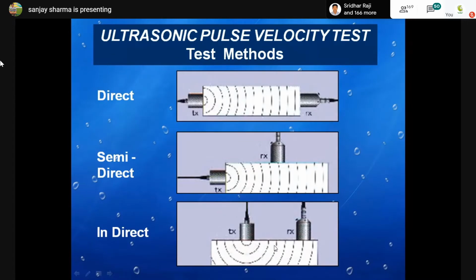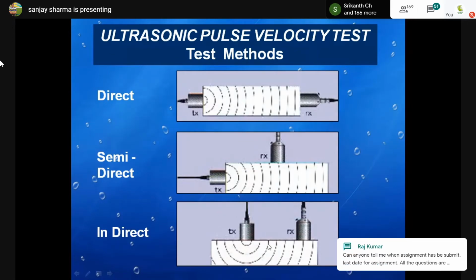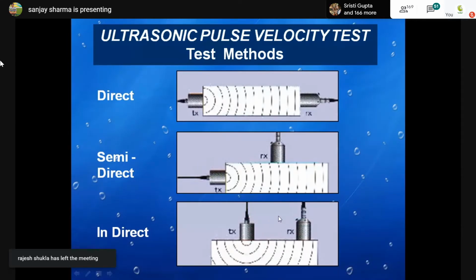Only surface waves are received, so accuracy is not very good. The code also says we do this, and we get lower results, so we may increase our values by between 500 and 1000 if we use this method.